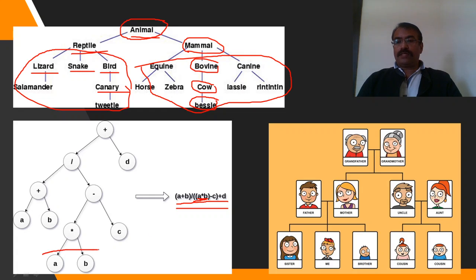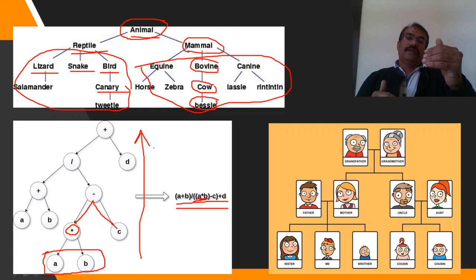That's why we are executing it first. When we get the solution of this, it will be multiplied with this, these two are multiplied together, and then this solution is subtracted, subtracting c from it. So this is an expression tree which is showing how hierarchically we can process the expression based on the precedences of the operators appearing in that expression.